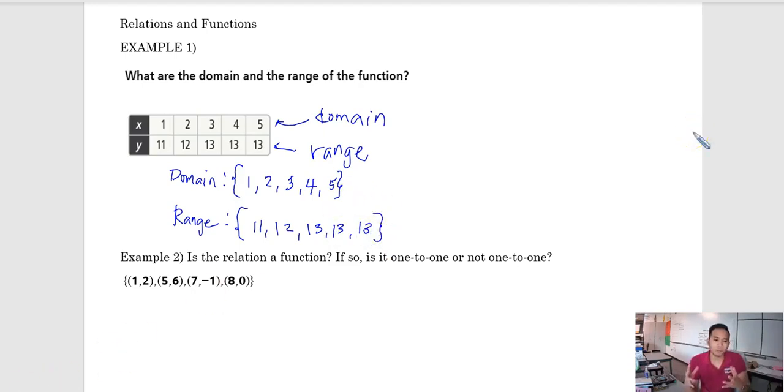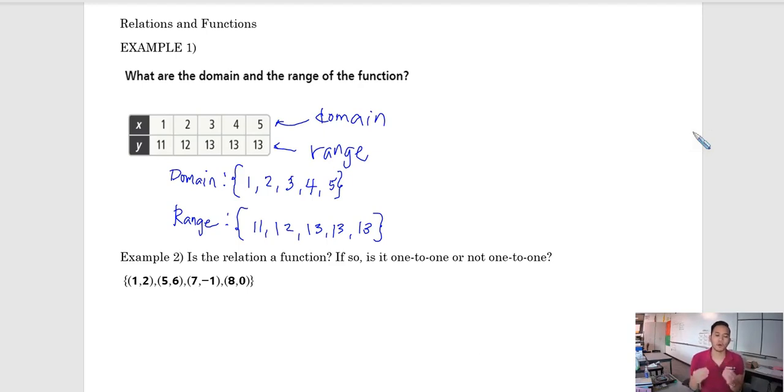Now looking at example number 1, if you're going to analyze, the domain of the function is the set of x values, which are 1, 2, 3, 4, and 5. And the range is the set of y values, which are 11, 12, and 13.